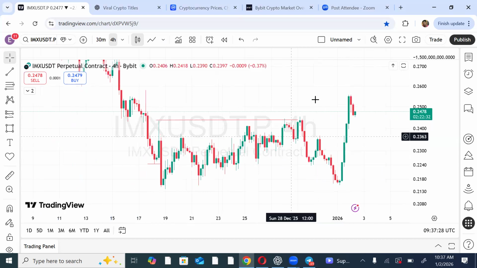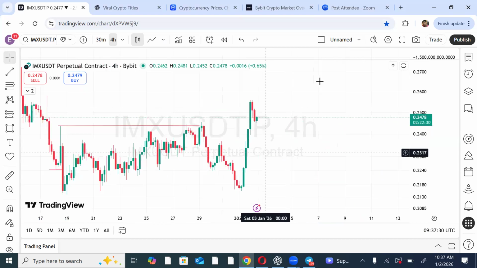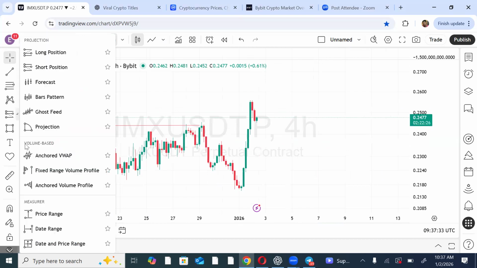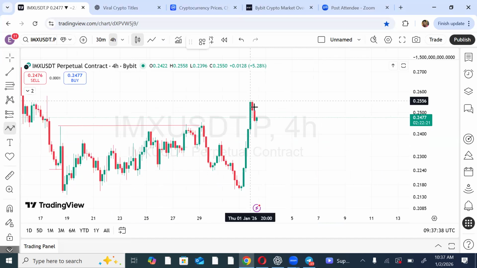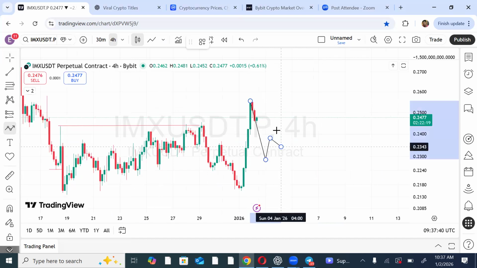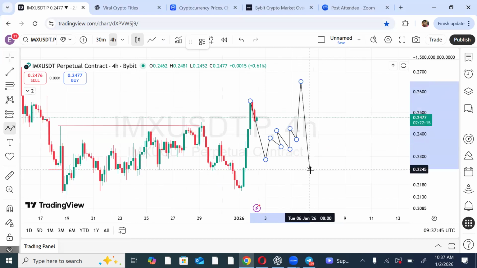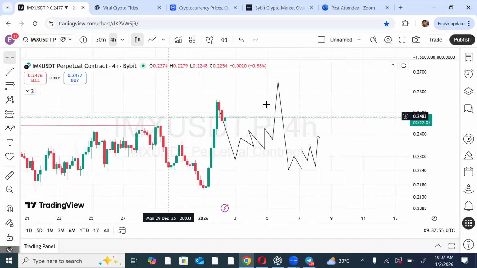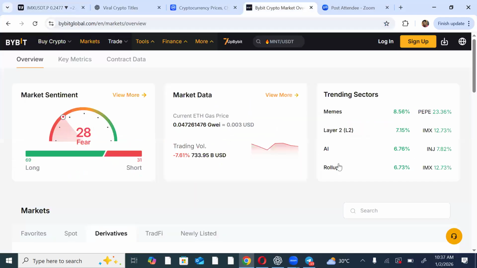So we're waiting for a new break of structure to give us something like this to happen. Then we now start buying from here. When we get a valid change of character like this from here, we start buying. So the structure is still forming. Let's see INJ and PP.